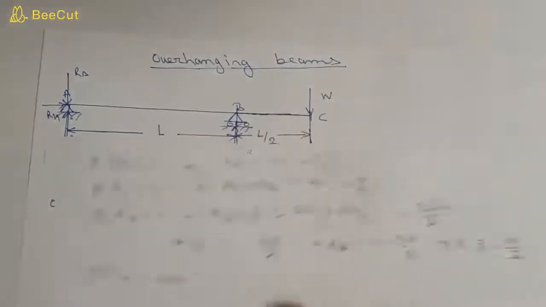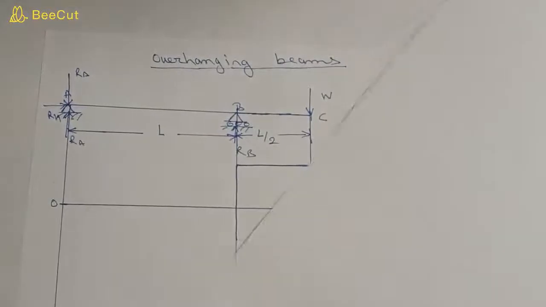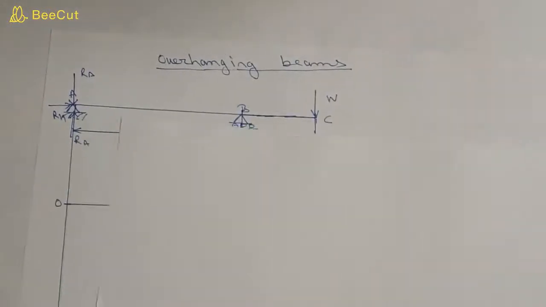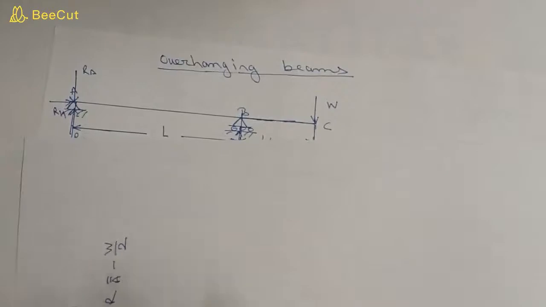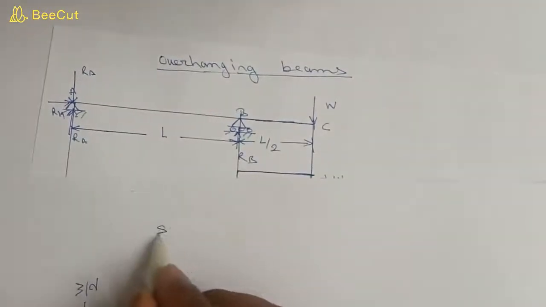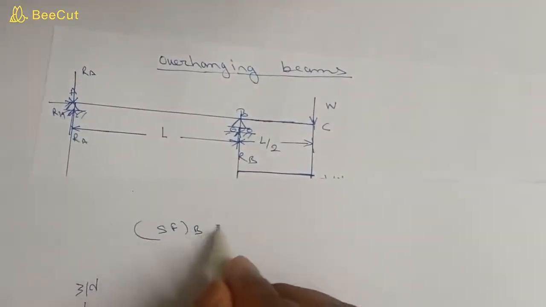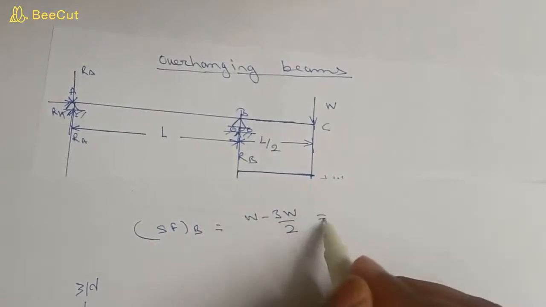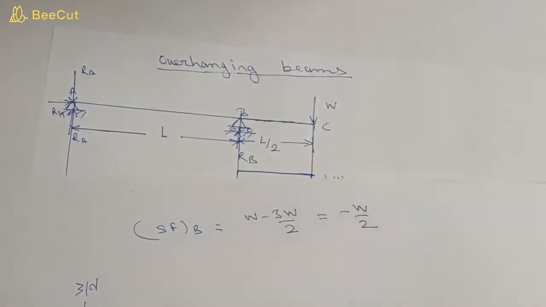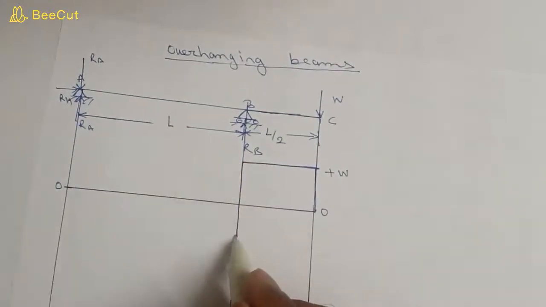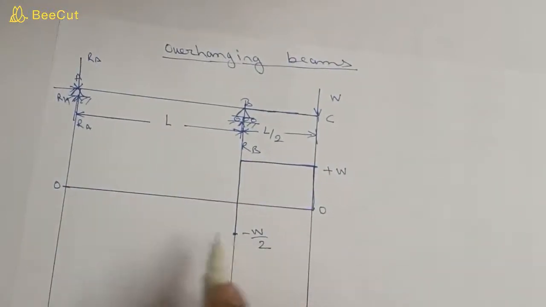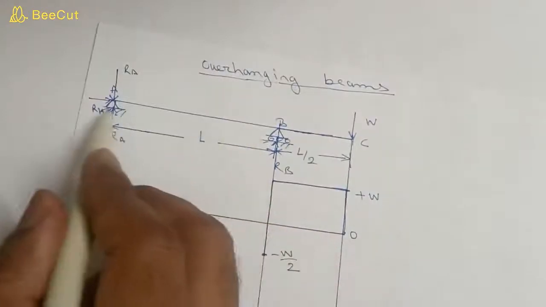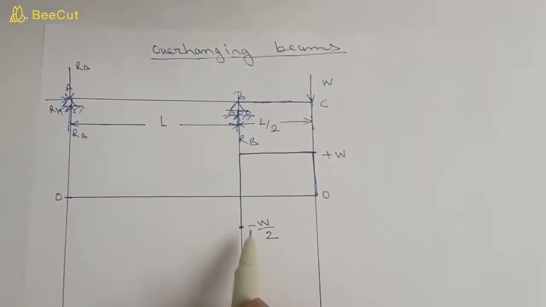So we will calculate shear force at B, which is equal to W minus 3W by 2. So we will get minus W by 2. So this will be minus W by 2, and there is no other force up to here, so it will be constant up to here.